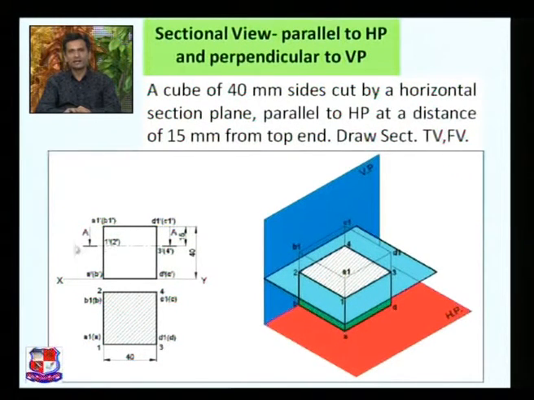So draw a straight line in the front view which is at a distance of 15 mm from the upper edge. From here this distance is 15 mm. Then by taking projections from all these 4 points, say points 1, 2, 3, 4, to the top view, we can draw this sectional top view. Here section lines would be there which represent the true shape of this section.